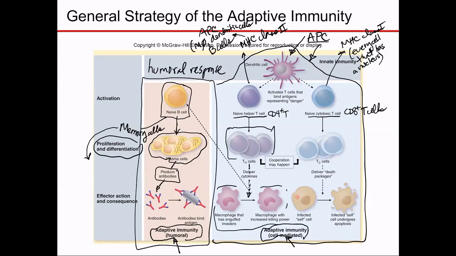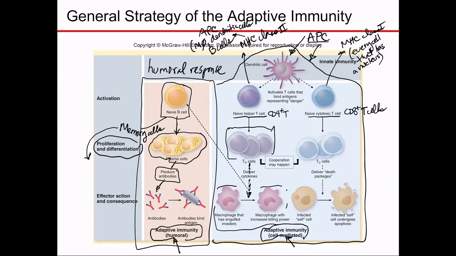And this is a typical example of interaction of the adaptive immunity with the innate immunity, because the process of phagocytosis, you already know, is part of the innate immunity. And here you see how these T helper cells, part of the adaptive immunity, are producing cytokines, signals to make this macrophage perform phagocytosis even better.